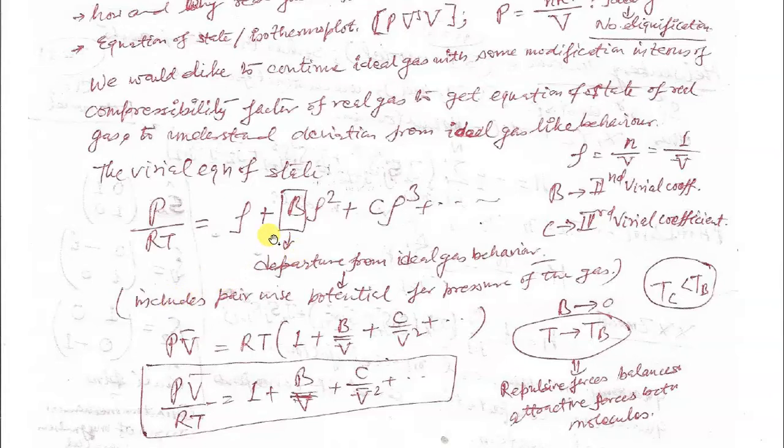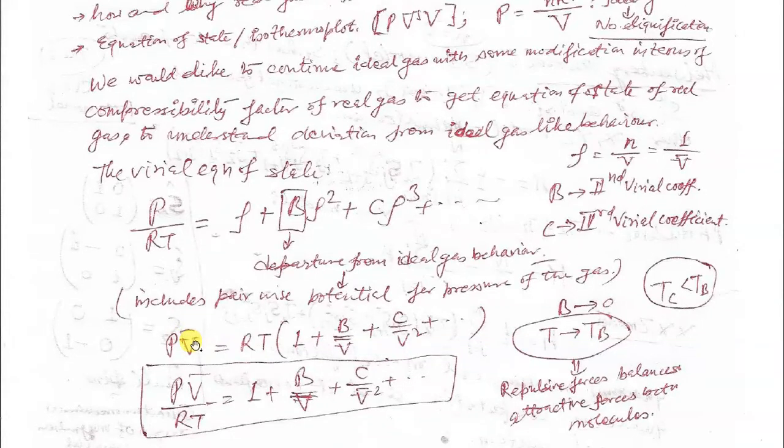This term B includes the pairwise interaction among the molecules. That way, you have the pressure multiplied with the volume of the gas per unit mole.